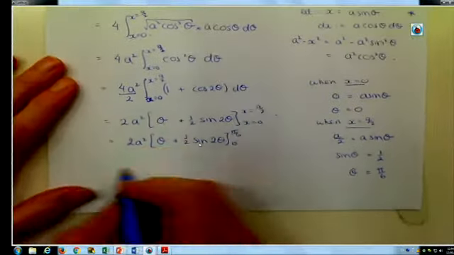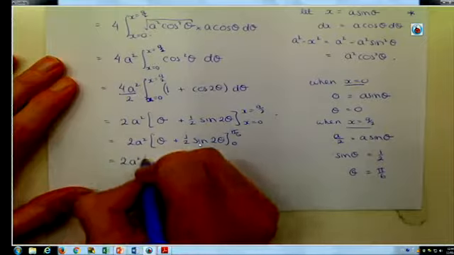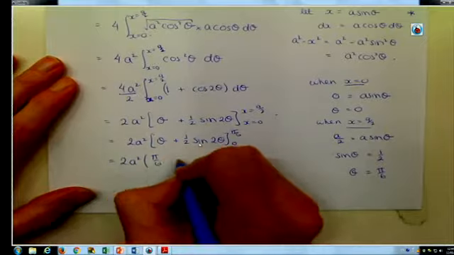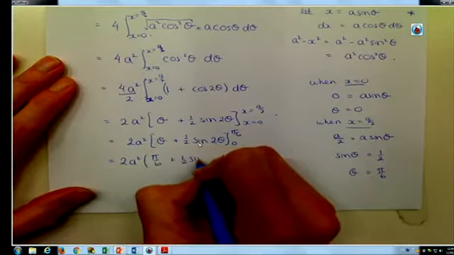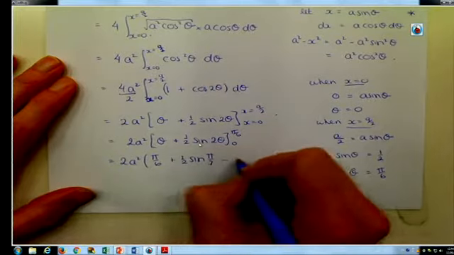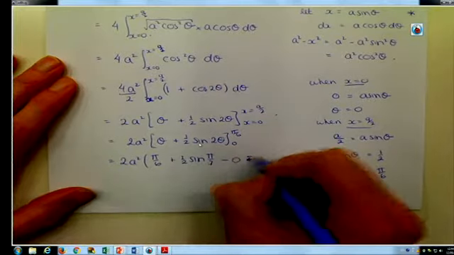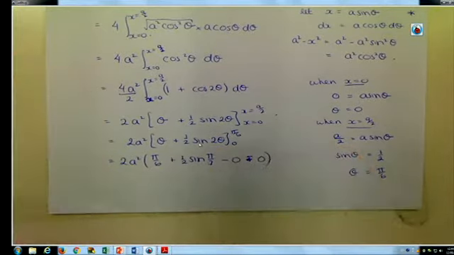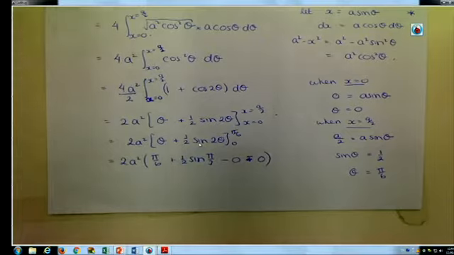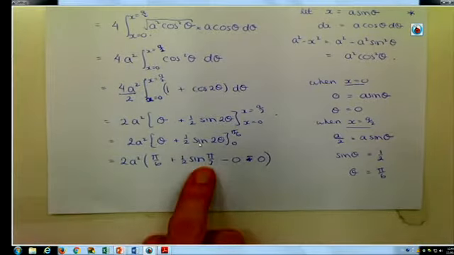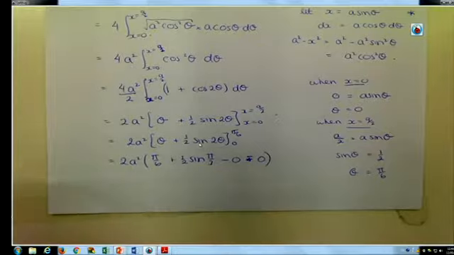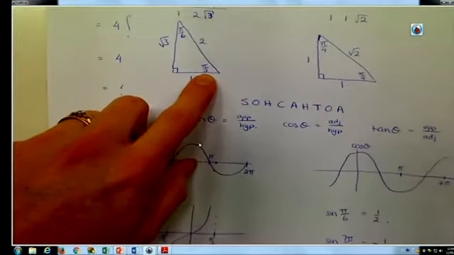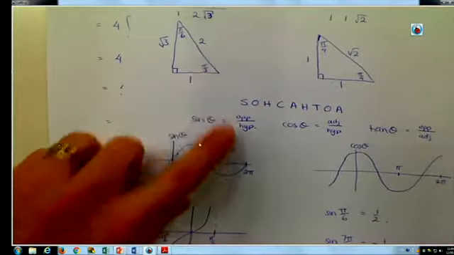All right, so now we just have to substitute these things in. 2a squared, take away 0. Okay, I put it away too hastily. Okay, so now we want to know what sine of pi on 3 is, and you can go back to your triangles. Here's pi on 3, and we want the opposite.